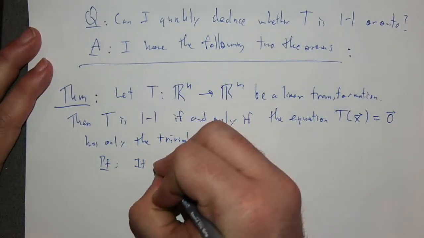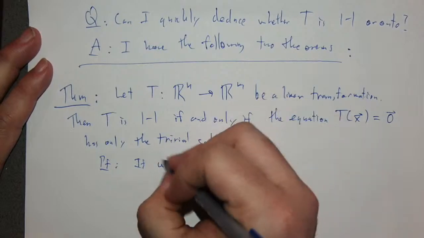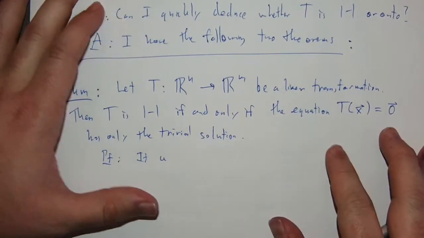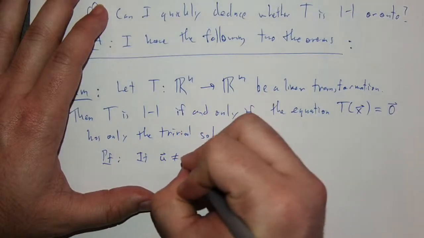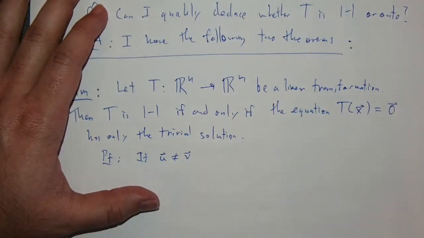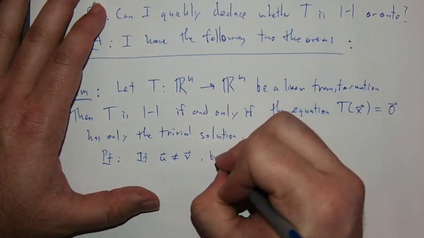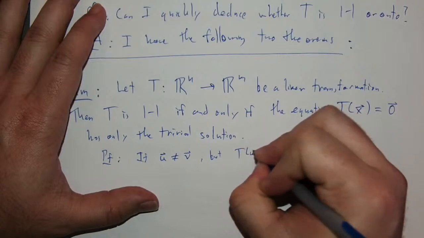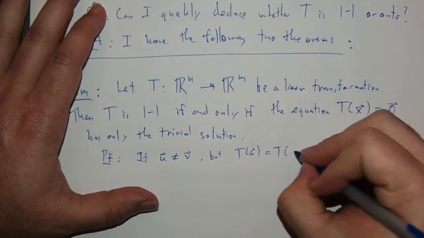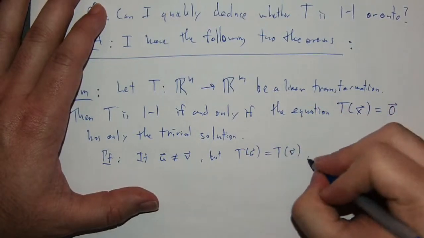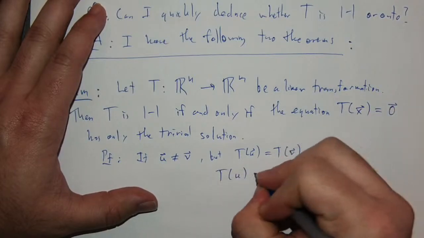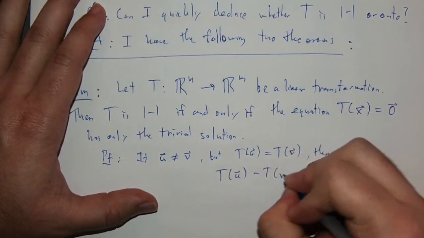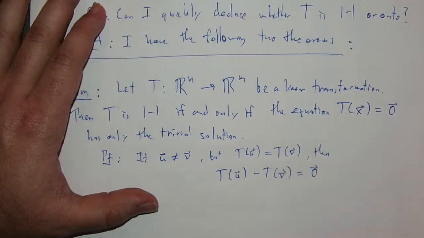If u is not equal to vector v, but T of u is equal to T of v, then T of u minus T of v is equal to the 0 vector.